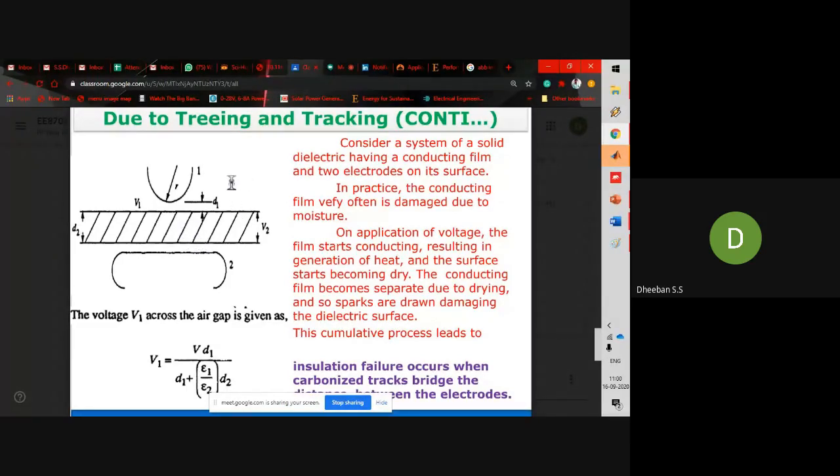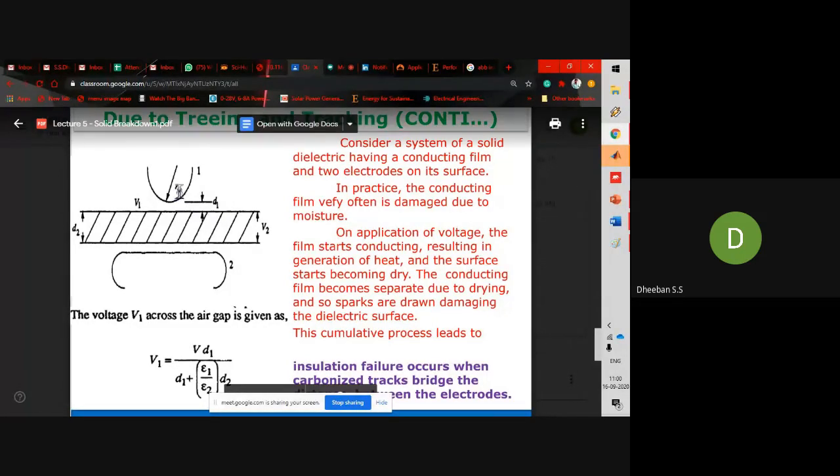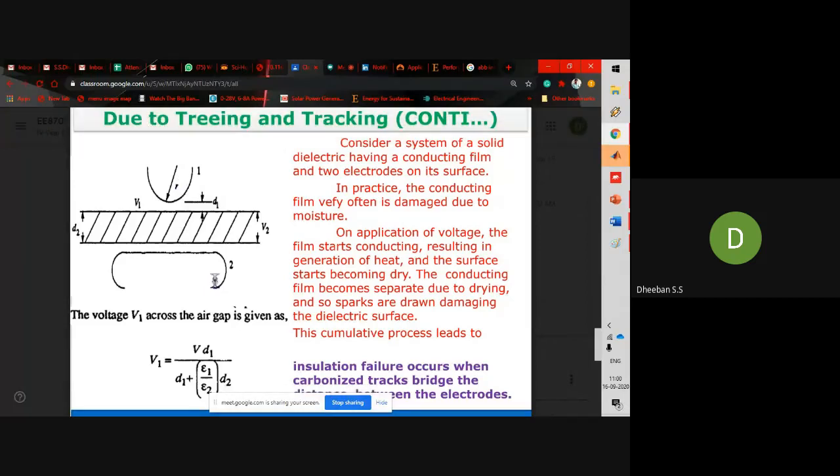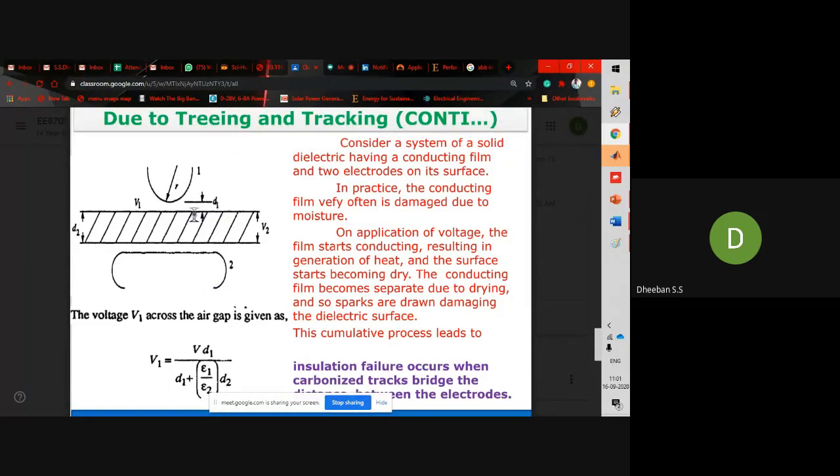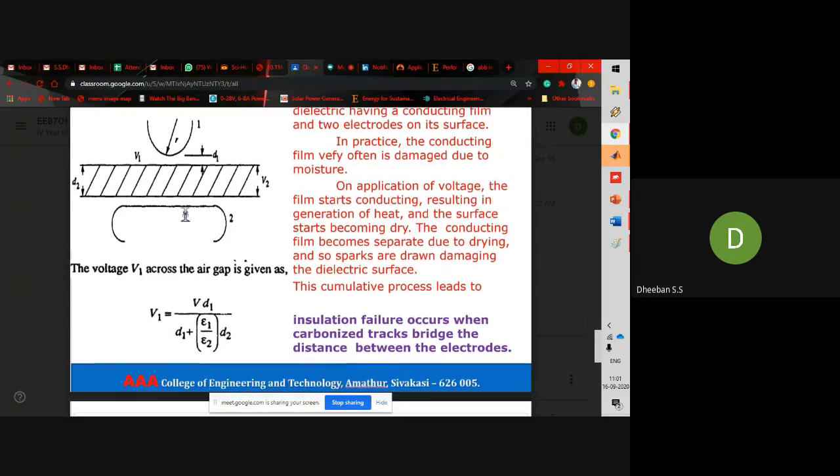So if there's moisture over the surface, when you apply the electric field, it causes heat that makes the wet surface become dry. The conducting film becomes separate due to drying, and so sparks occur, damaging the dielectric surface. This process leads to insulation failure.